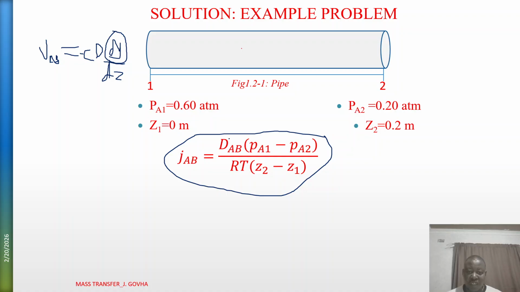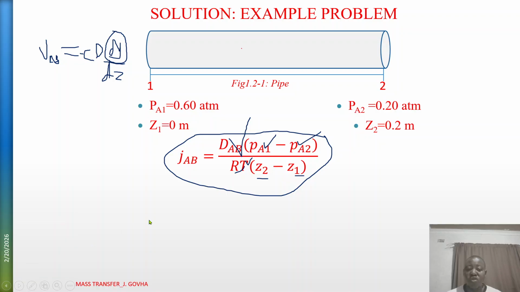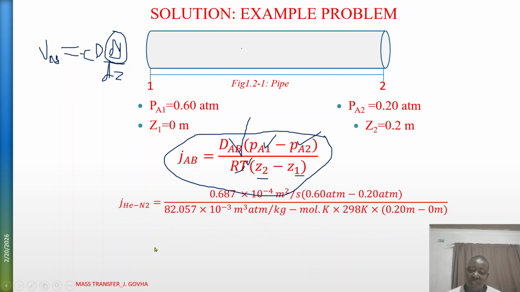Then you'd find that we have our DAB, PA1, PA2, RT given, T given, Z2, Z1, all we have. So it's now a matter of just substituting the known values into this equation and computing, as indicated there, and we get our solution of 5.61923 times 10 to the power minus 6.